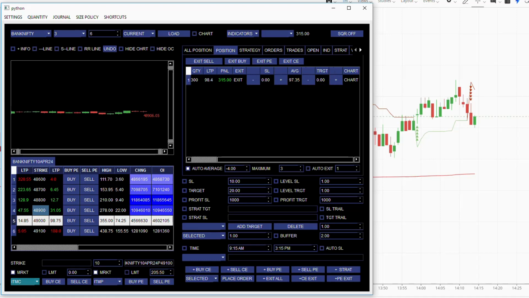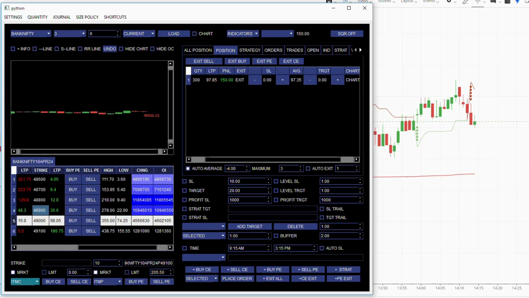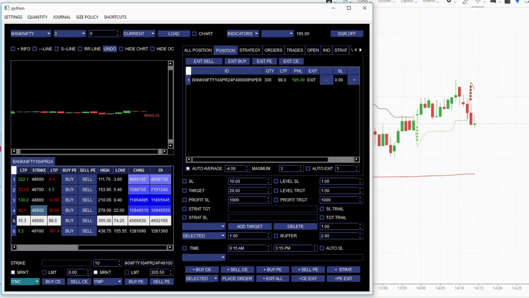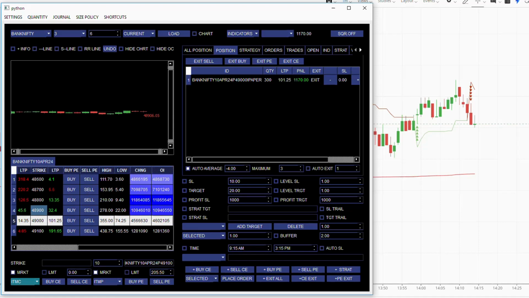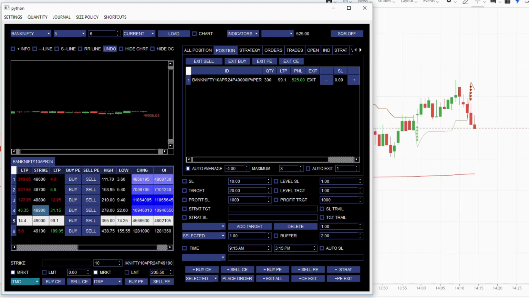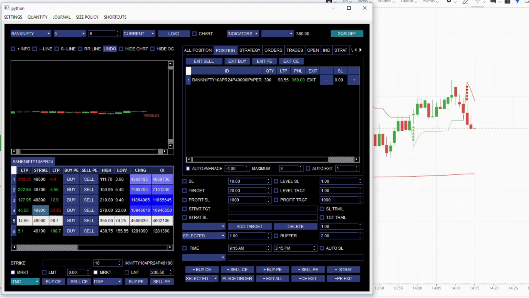Our new buy price is 97 rupees. Earlier it was 99. Okay, this is how auto average works. It can take orders up to 3 times. I am exiting this position now.